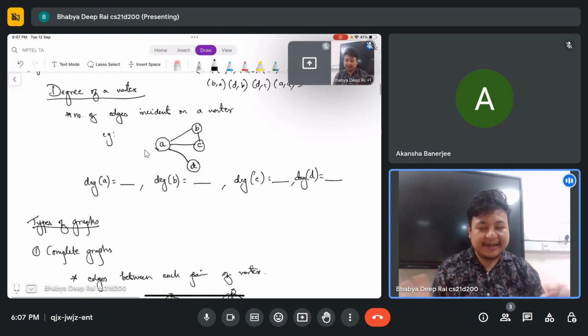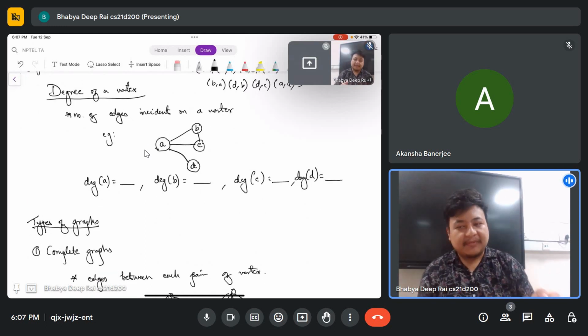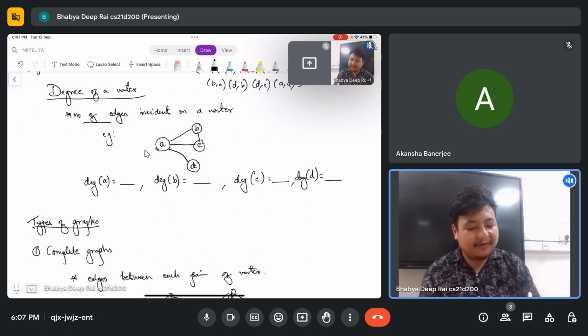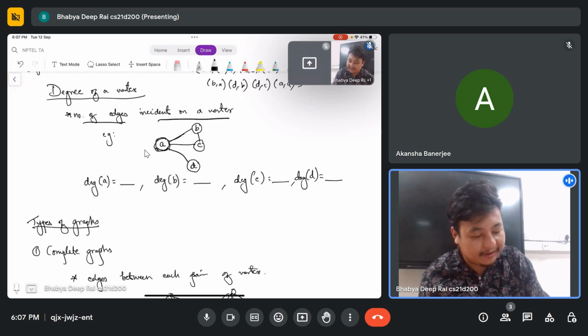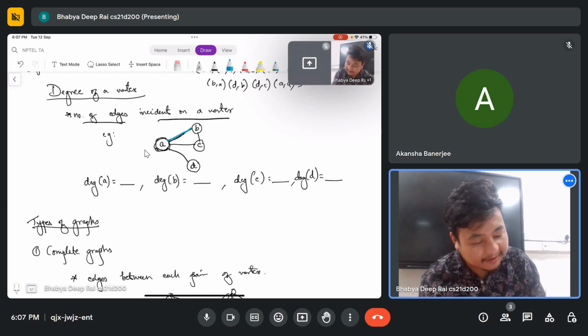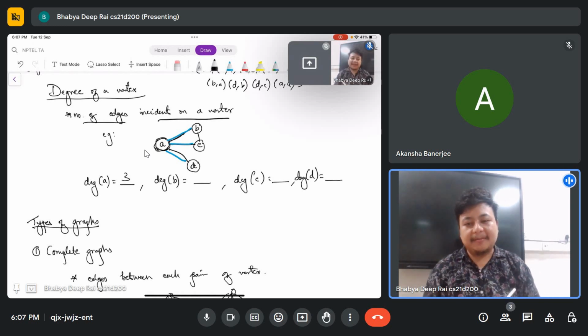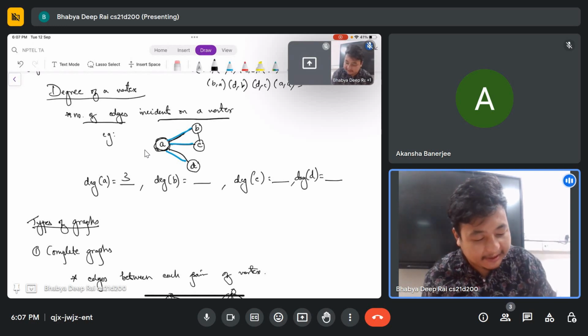Now, quickly, what is the degree of a vertex? Degree is just the number of edges incident on a vertex, which means how many edges are incident on A. Here is one edge, here is another, here is another. How many such edges are there? 3 edges. So the degree of A is 3. For B, what is the degree?